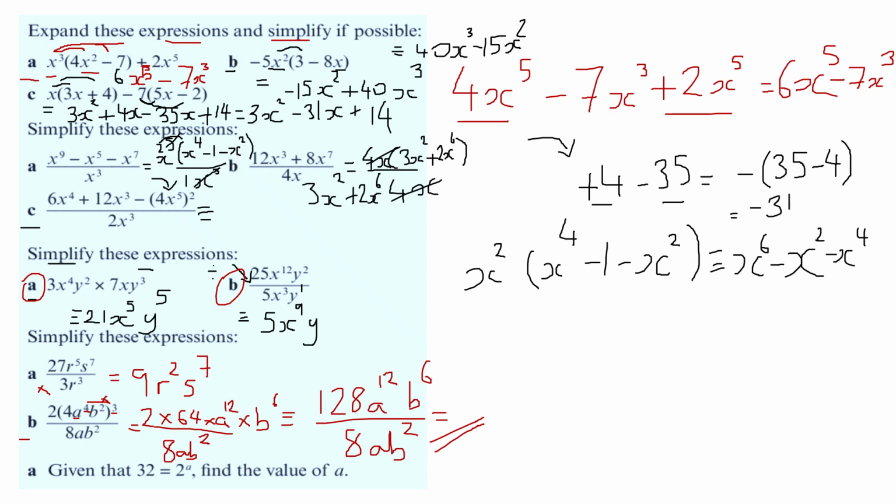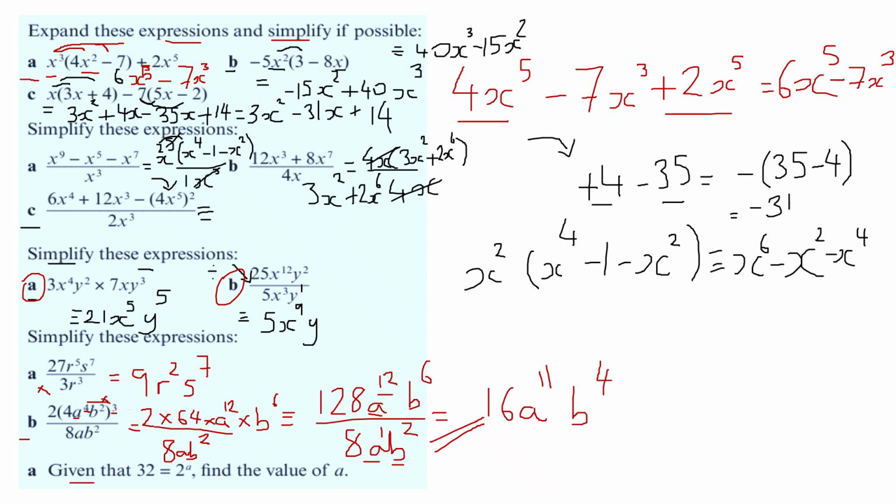Half it again, I get 32. Half it again, I get 16. A to the power of 12 divided by a, well, a on its own is a to the power of 1. So I'm going to subtract those powers. So it's a to the power of 11. Then I've got b to the power of 6 divided by b squared is b to the power of 4. 6 take away 2 is 4.